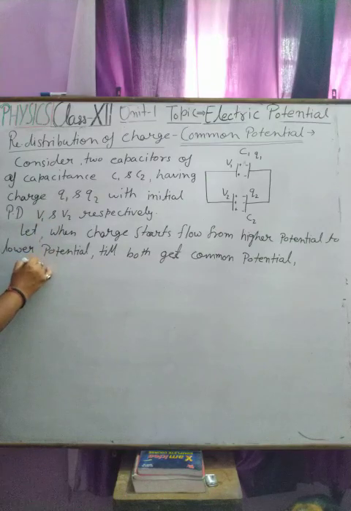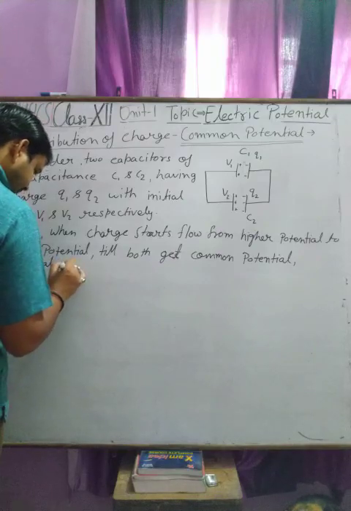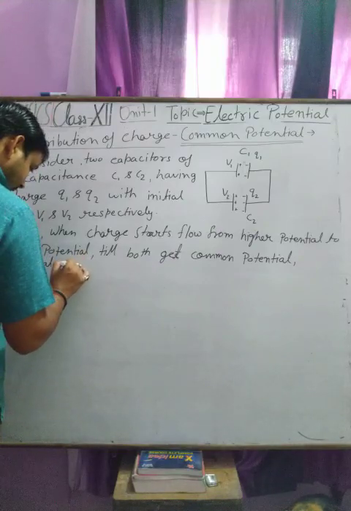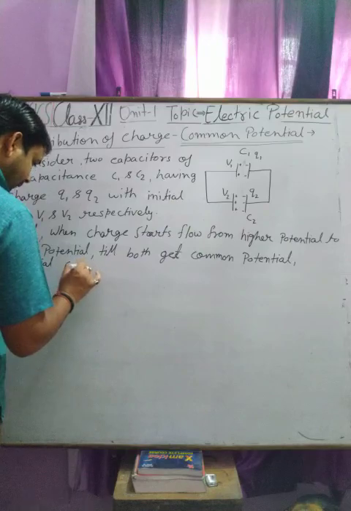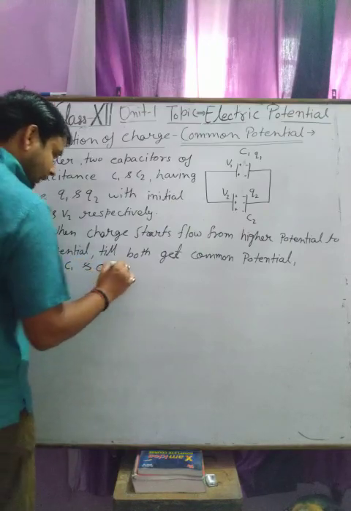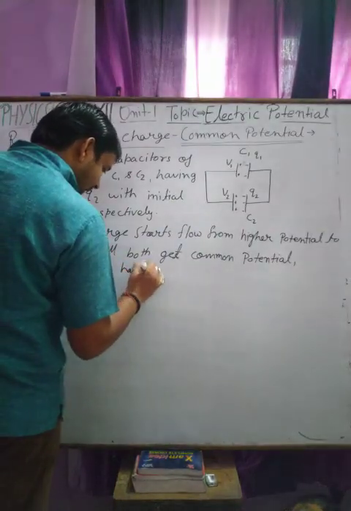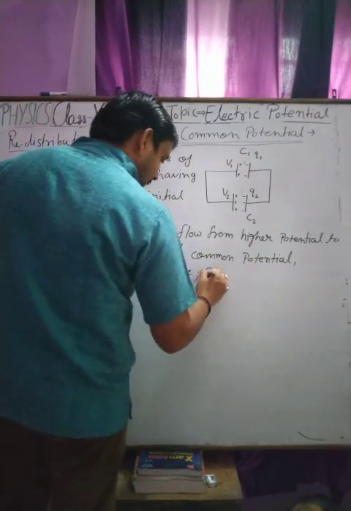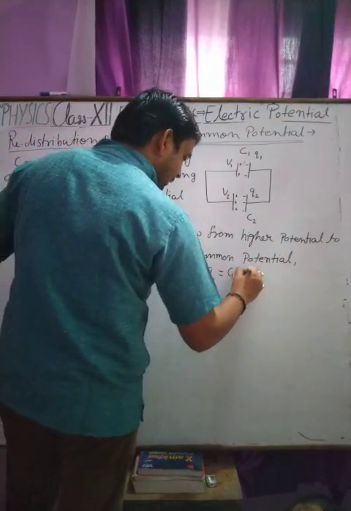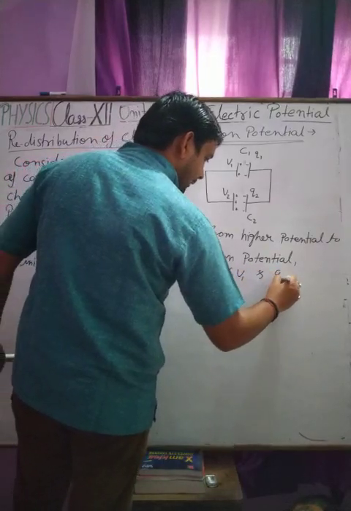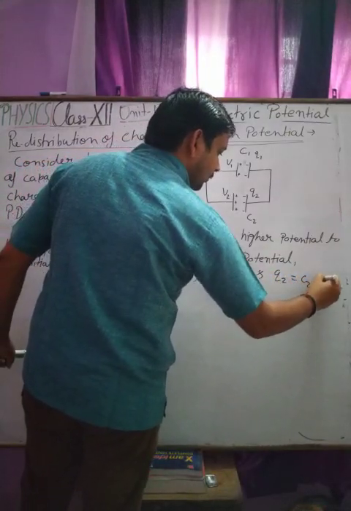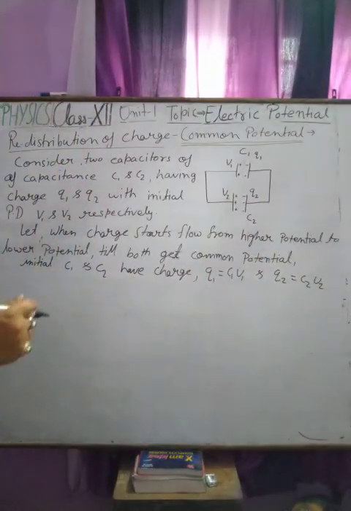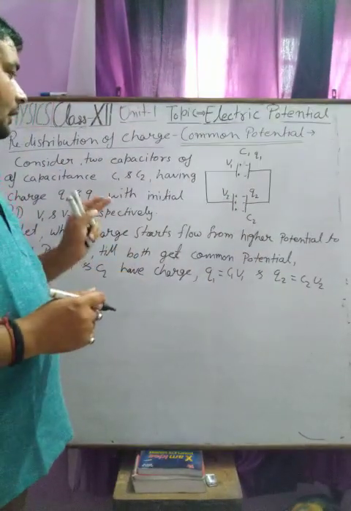Initially C1 and C2 have charges Q1 is equal to C1 V1 and Q2 is equal to C2 V2. इनिशियली उनकी कैपेसिटी अलग है, उनके चार्ज कैपेसिटेंस अलग अलग हैं.